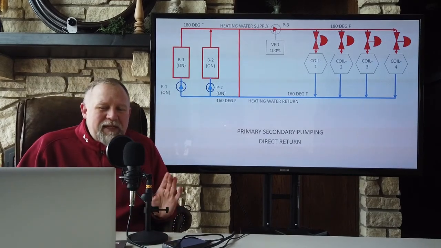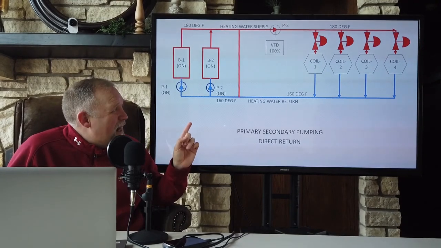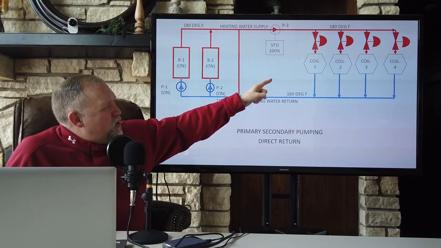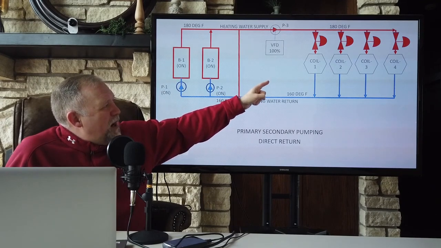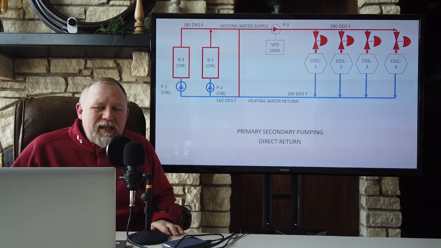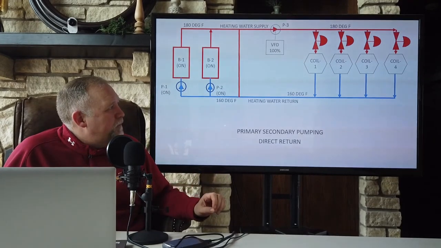Now, the downside of this piping arrangement is that the water available at coil 1, the pressure available at coil 1 is much greater than the one all the way down at the end.